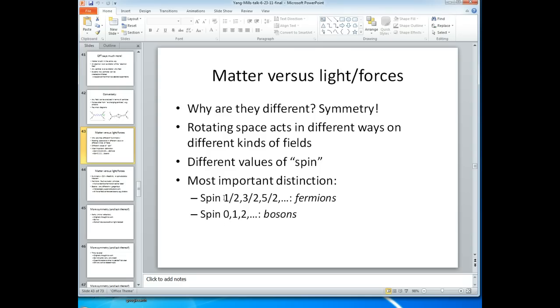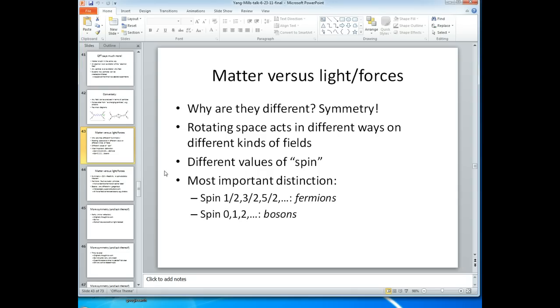So 0, 1, 2, or 1 half, 3 halves, 5 halves. It can't be negative. And it turns out that fermions, named after Enrico Fermi, are the ones with half integer spin, and bosons, named after Bose, are the things with integer spin.